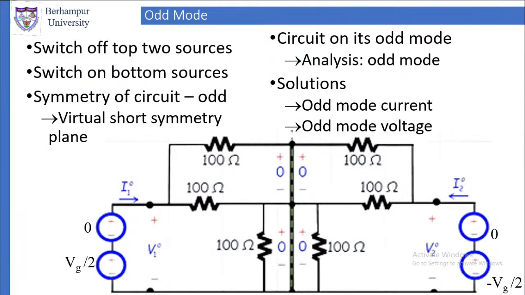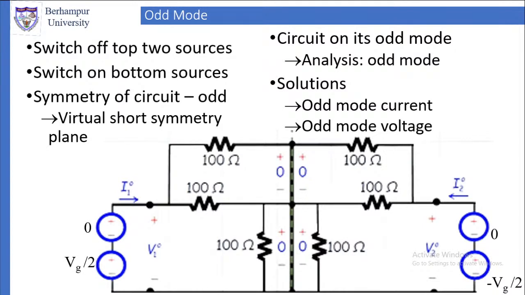Now let us come to what is called an odd mode analysis, or what an odd mode is. Let us try to understand that. For the odd mode, we will switch off the top two sources, which are Vg by 2 and Vg by 2 at both the ports. Now what are the bottom two sources?